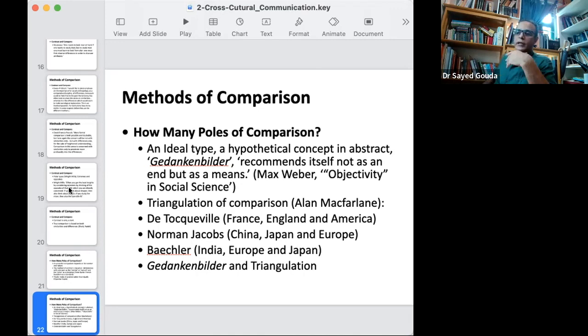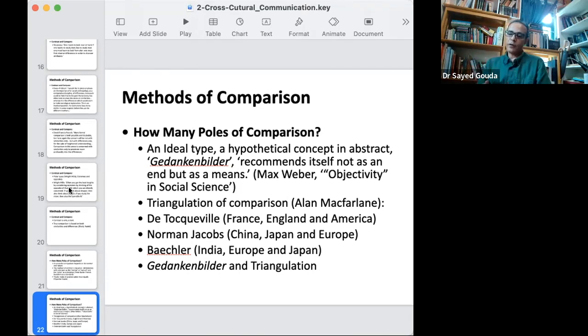And he also adds his own understanding by saying this: triangulation. Triangulation is to add a third element. If you compare between A and B, then try to add C also, to compare between these three things. That will make sure you don't take sides.